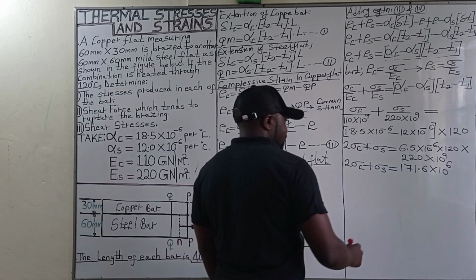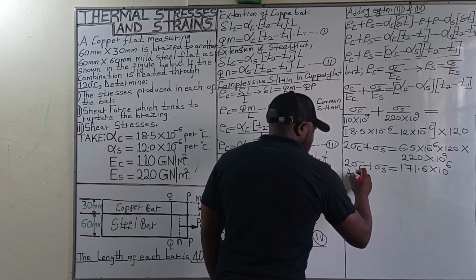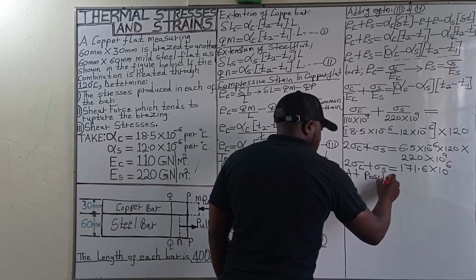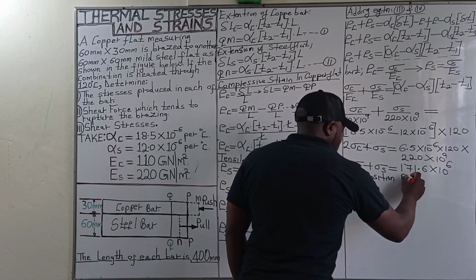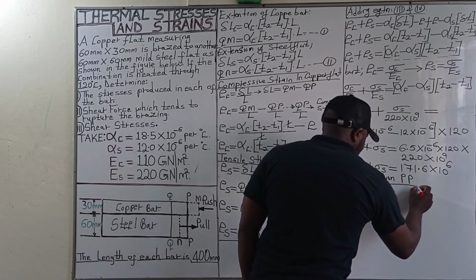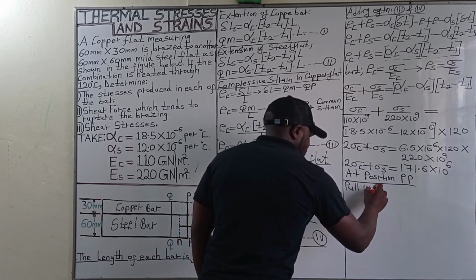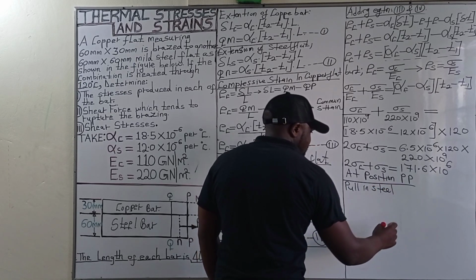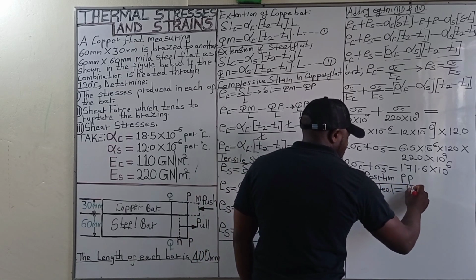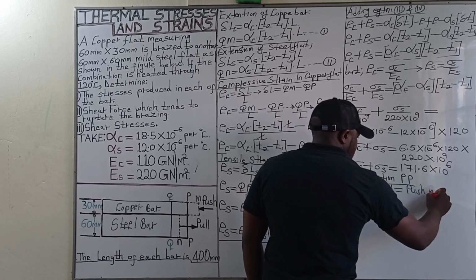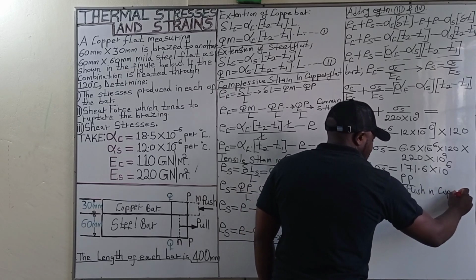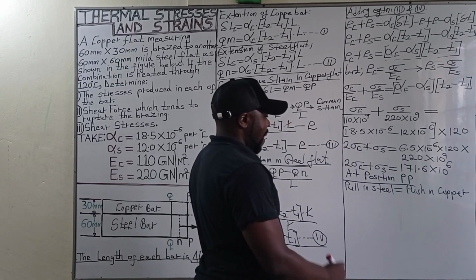So we are going to say this: at position PP, the pull in steel is equal to push in copper.